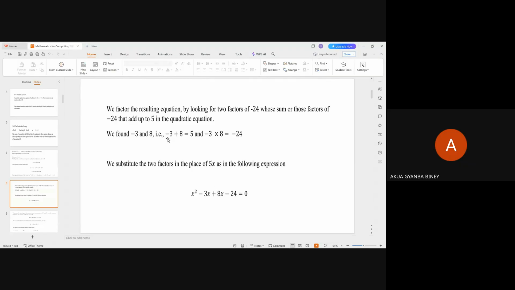These two numbers, when you add them, you get the B, and when you multiply them, you get the C. So then you put them in place of the B. Instead of the x squared plus 5x, we put those two factors there, the minus 3 and 8.